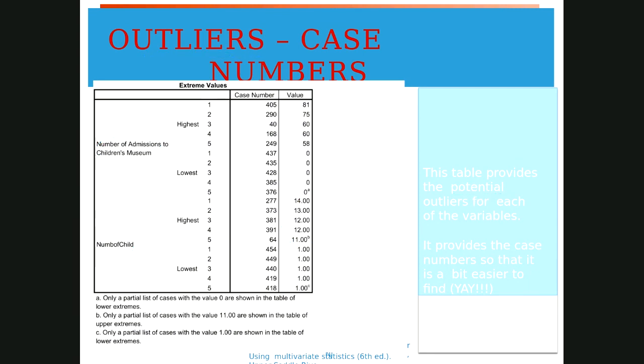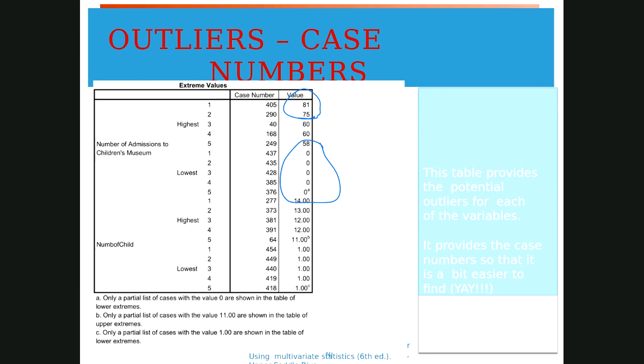And then in terms of number of admissions to the Children's Museum, of course, unless it's a requirement to have gone to the Children's Museum, there's going to be people who haven't gone. So that's why it shows the 5 highest values and the 5 lowest values. But let's check out this, which was on the graph, that there are 2 very high numbers. Well, 81 visits to the Children's Museum is quite high, right? That means going more than once a week.